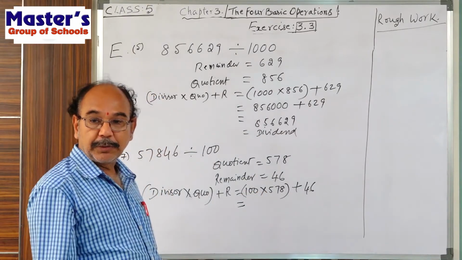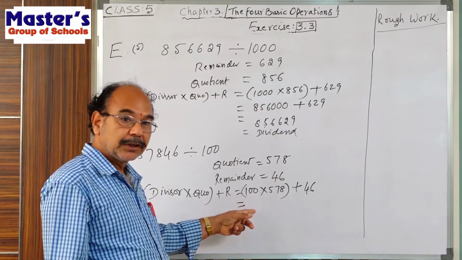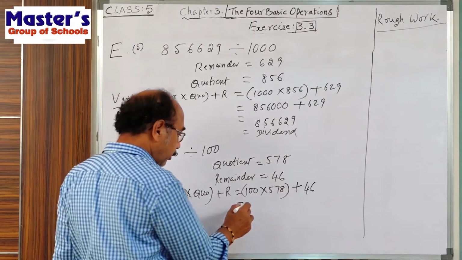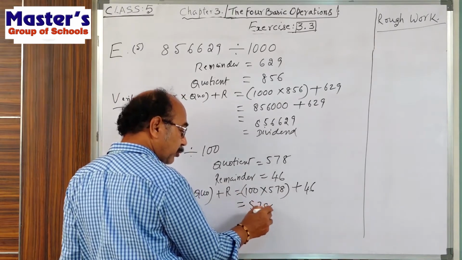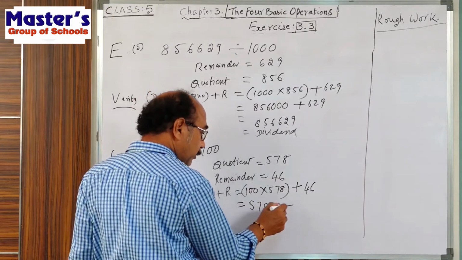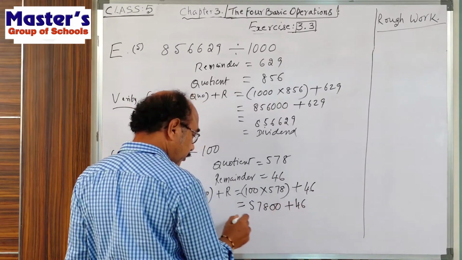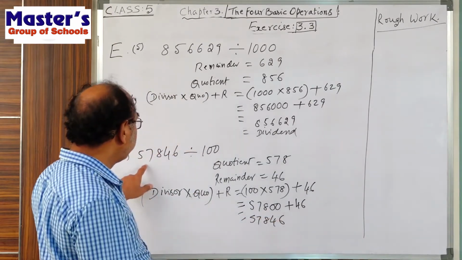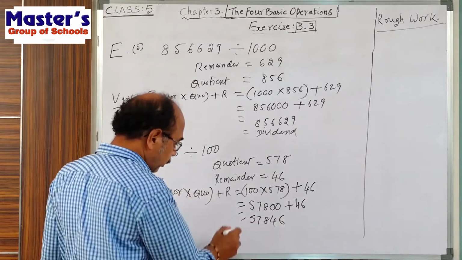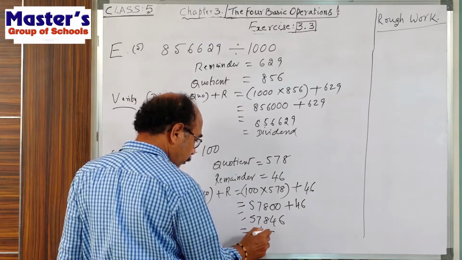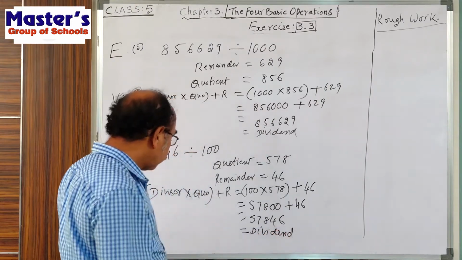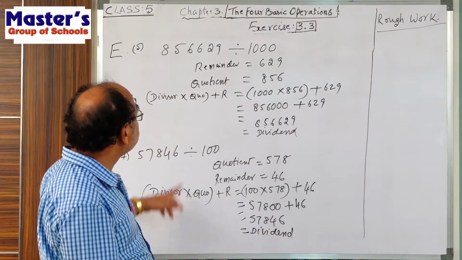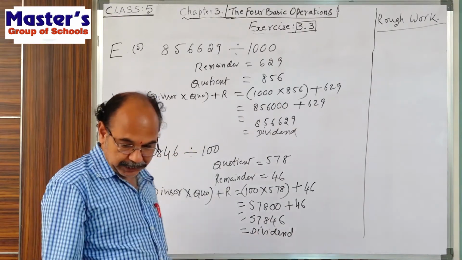Simply, we keep 2 zeros after this number. 578, here keep 2 zeros. Plus now the remainder 46. That is equal to 57846. You got the dividend. So divisor into quotient plus remainder is equal to dividend. Like this, we check the division work.